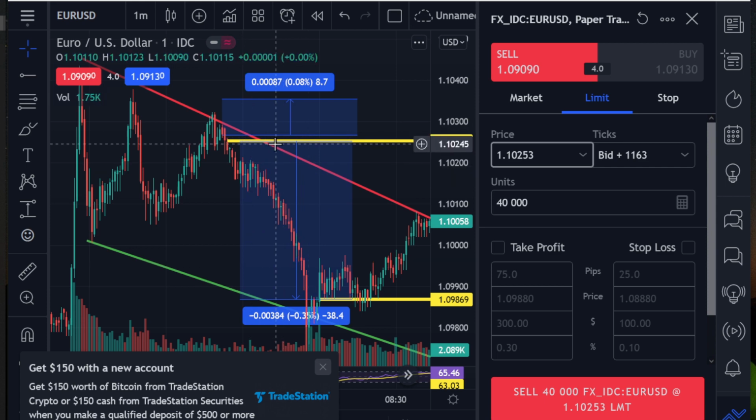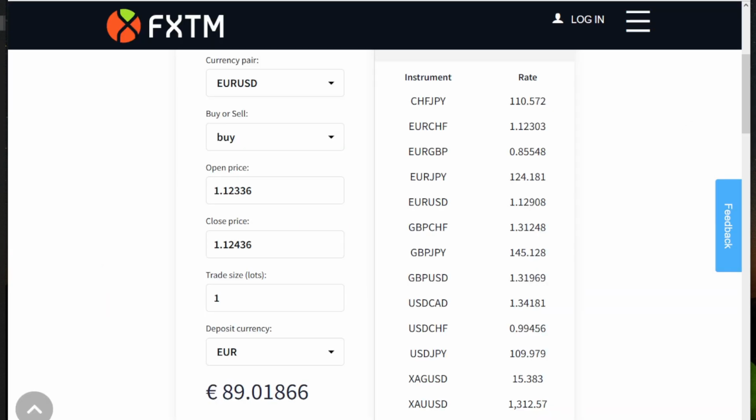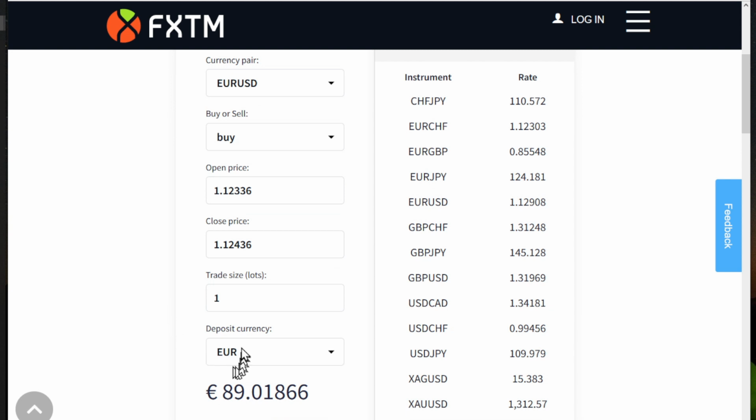So this looks better. All right, so we go back to our calculator and we actually take a close look at what's going on here. We're going to use another calculator. It's a profit calculator. So let's start again. Our account currency is in US dollars. We are trading Euro USD. We're going to sell. What is the opening price?